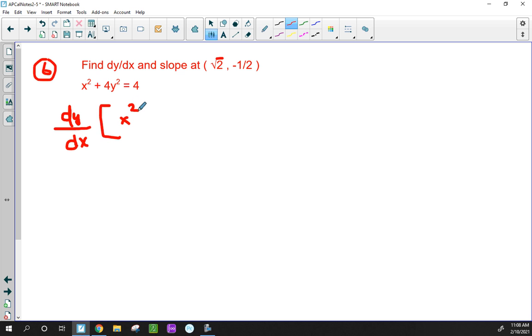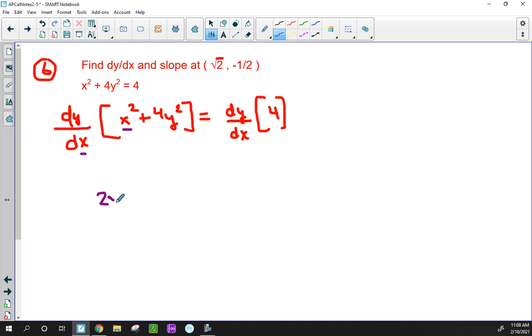Of x squared plus 4y squared. Notice my notation because I want you guys to model the same thing. Okay. Find the derivative of y with respect to x of x squared.